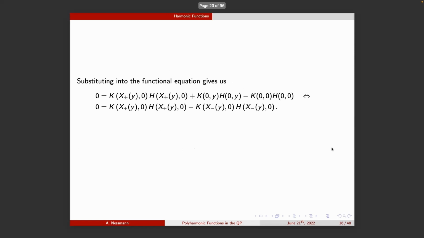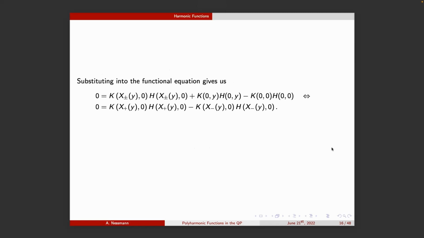In any case, we just substitute that into the functional equation. Technically, this is a bit dangerous because we're looking for formal power series. But one can cheat around that by using this as an ansatz to find solutions. And later on, one proves that, in fact, one has found all possible harmonic functions.